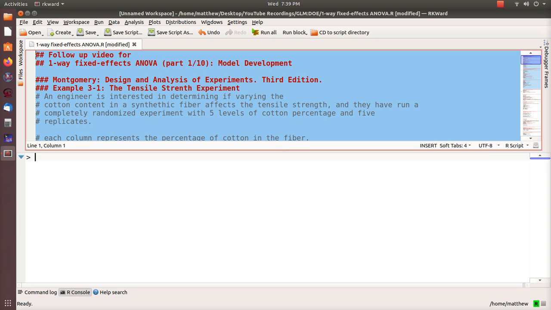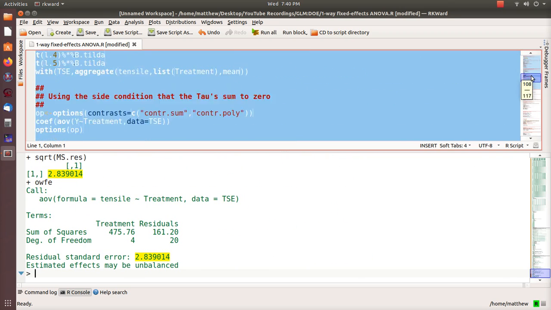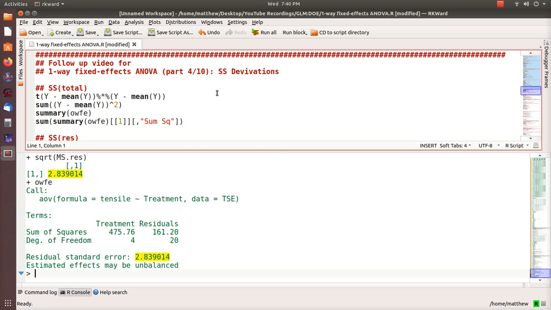And tensile strength is that they pull it apart, and how much pressure it takes to tear is what's called tensile strength. And so that's the experiment we're doing. So I'm going to load parts 1, 2, and 3 and then go to part 4 and illustrate the derivations.